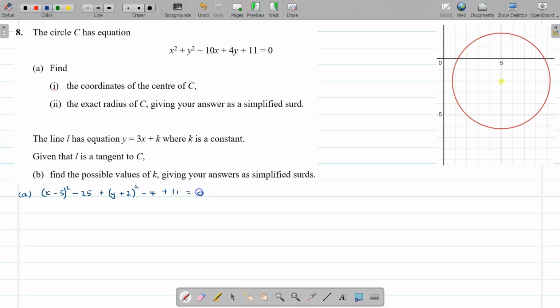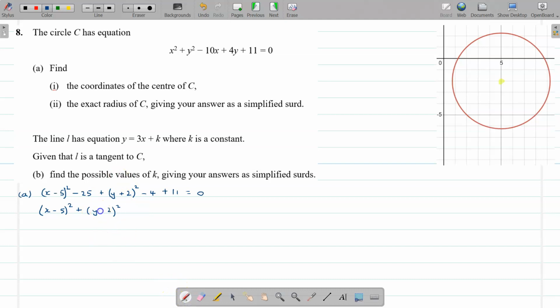Okay, and now I just tidy that up and put all the numbers to one side, and I get x minus 5 all squared plus y plus 2 all squared. And that's supposed to be a plus there.